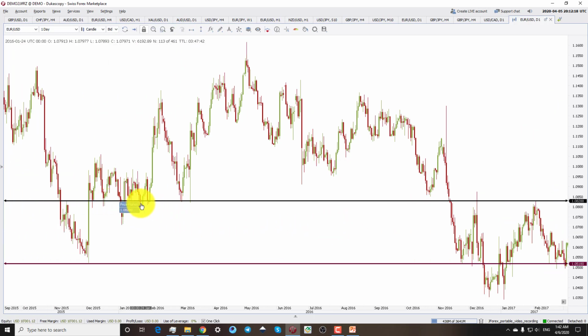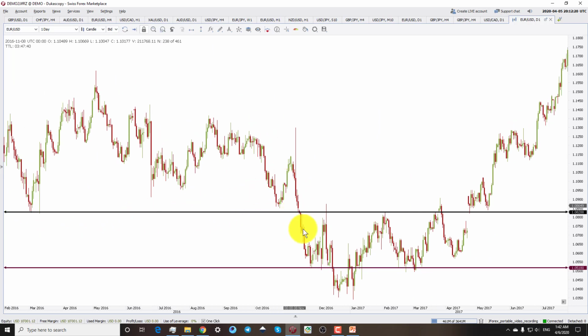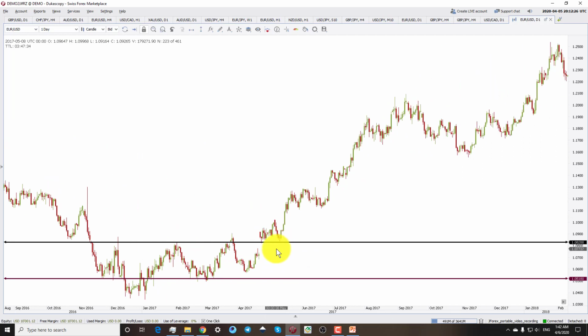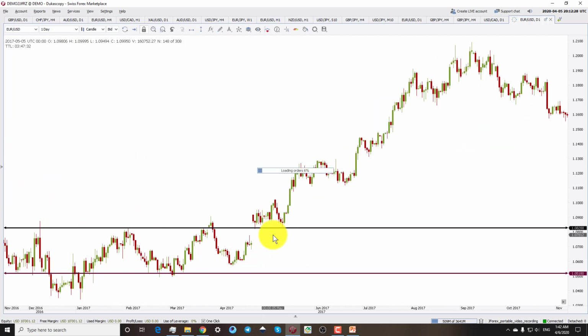Here it was support, and after the break it turned into resistance; resistance, after the break, turned into support. You see that these were the support and resistance lines. Now what are the trend lines? As I told, it is a straight line that connects two or more price points and then extends into the future to act as a line of support and resistance.